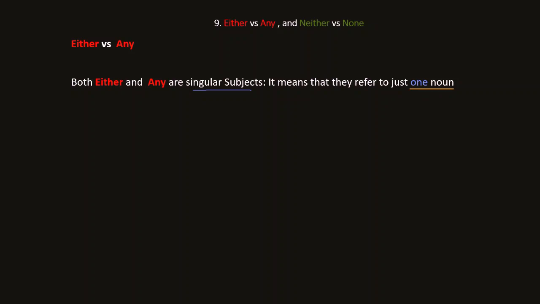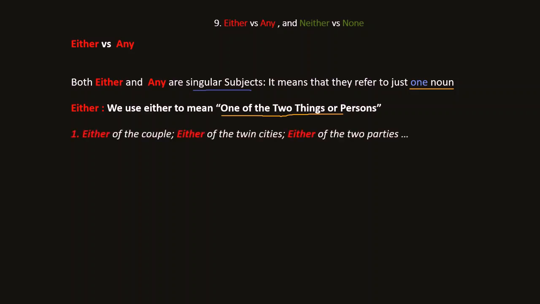For example, either of the couple. We don't say any of the couple. Any of the couple would be wrong. Either of the twin cities. You can't say any of the twin cities because twin cities means two cities. So with two nouns we can use only either. We can't use any.